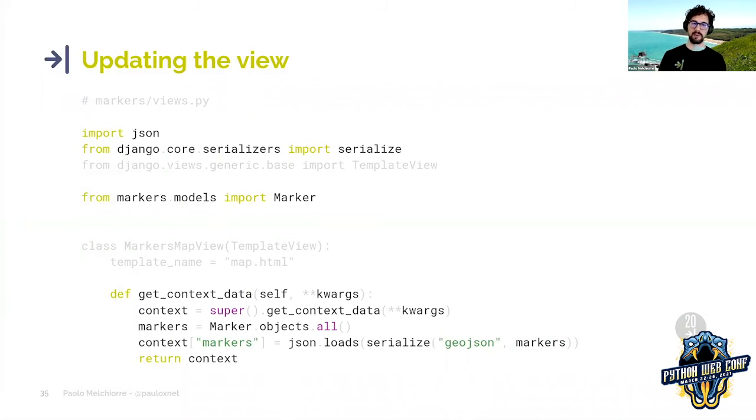After having created more markers, we can finally show them in our map. We can do that by adding the information in our view. Here, we are retrieving all the markers from the database and converting them to GeoJSON before adding them to the context of our view.